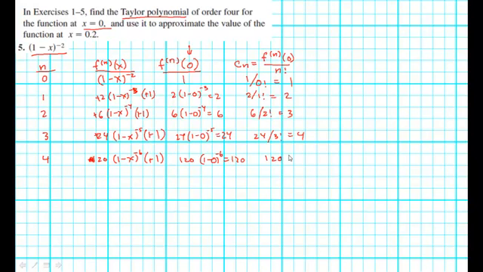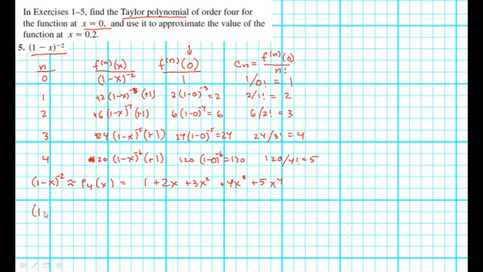So my coefficient is going to be 120 divided by 4 factorial, and that's going to equal 5, which means 1 minus x to the negative 2 can be approximated by the 4th order Taylor polynomial, which goes 1 plus 2x plus 3x squared plus 4x cubed plus 5x to the 4th.